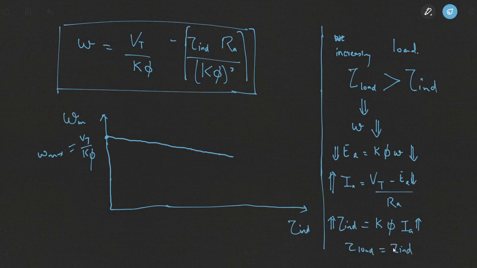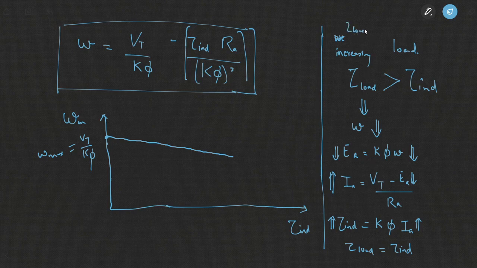So this is the balance which at all times under a steady state condition, the load torque of the machine should match the electromagnetic torque that's produced in the machine. This is actually true for all types of machines. So before increasing the load, this was the case.